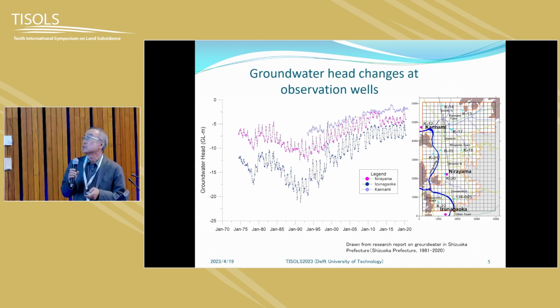This figure shows groundwater head change at 3 observation wells: Kannami, Nirayama, and Izu Nagaoka. Groundwater head declined until around 1991 or 2, then began to rise.